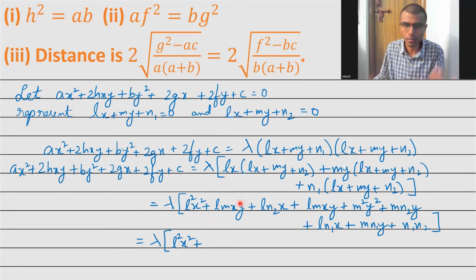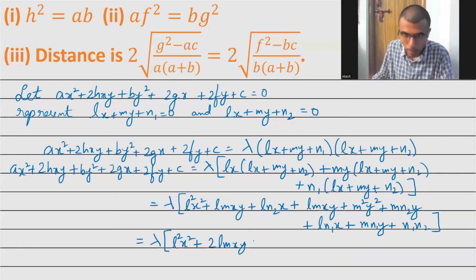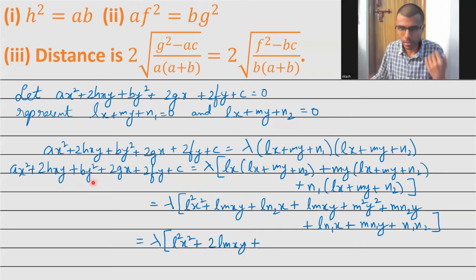Here what are the xy terms? Lmxy plus lmxy is going to be 2 lmxy. Now next I want the y square term. The y square term is here, m square y square plus m square y square.